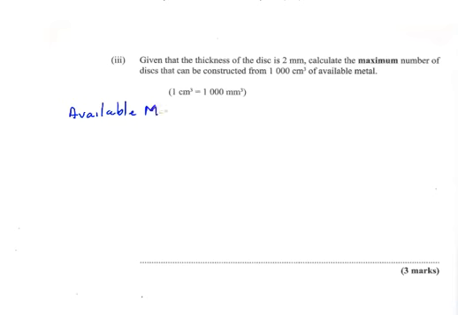All right, so available metal is equal to 1000 centimeters cube, which is equal to, now 1 centimeters cube is 1000 millimeters cube. So 1000 centimeters cube is 1000 multiplied by 1000, which is 1 million, and this is millimeters cube.